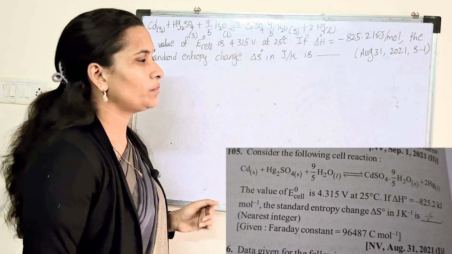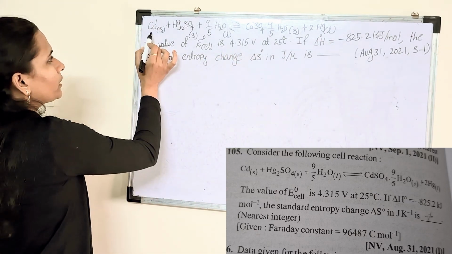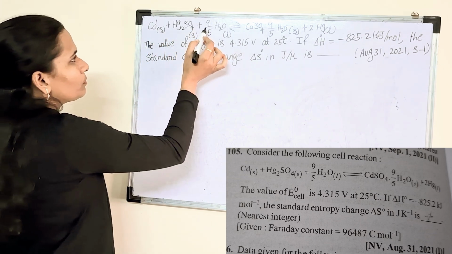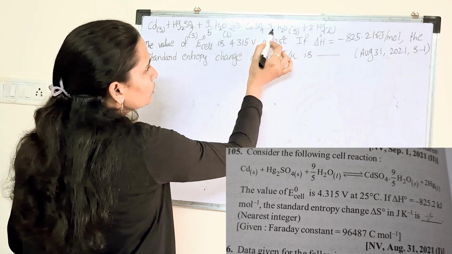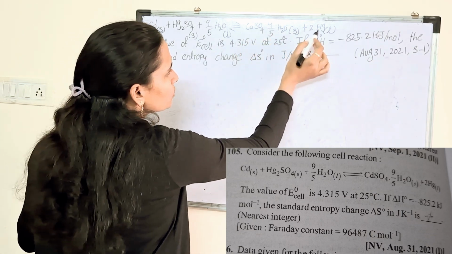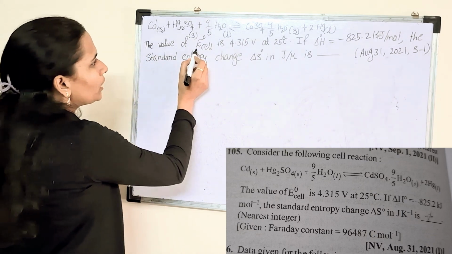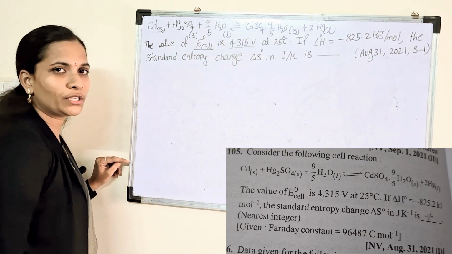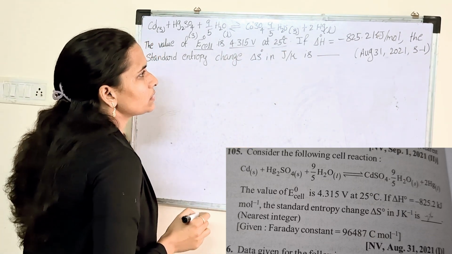This question belongs to thermodynamics. Cadmium solid plus Hg2SO4 plus 9/5 H2O gives CdSO4·9/5 H2O plus 2 Hg. They have given the reaction and the value of E° cell, that is 4.315 volts, at a temperature of 25 degrees Celsius.